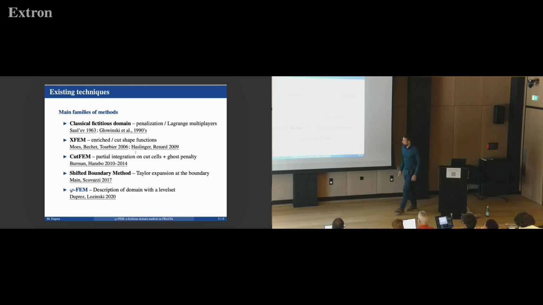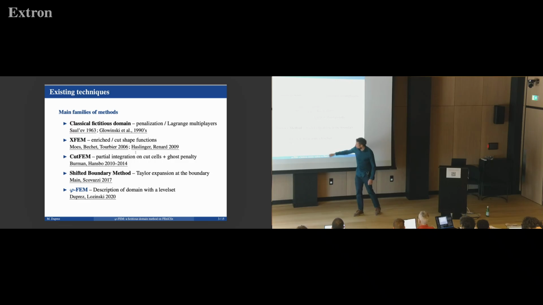Okay, it's a very old method. At the beginning, the boundary condition was imposed by penalization or Lagrange multiplier, and after that came the XFEM strategy, with an enrichment of the shape function, and after, CutFEM, where the idea is to integrate on the real domain, and you have a partial integration of the cut cells.